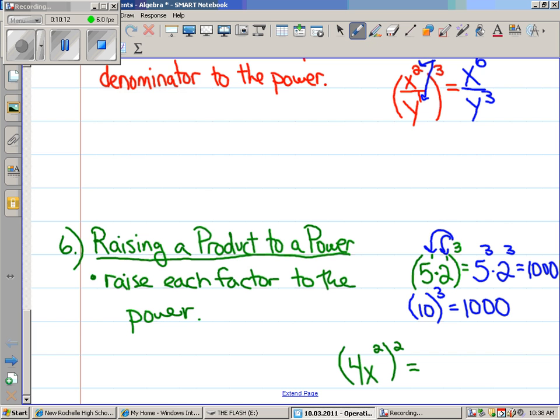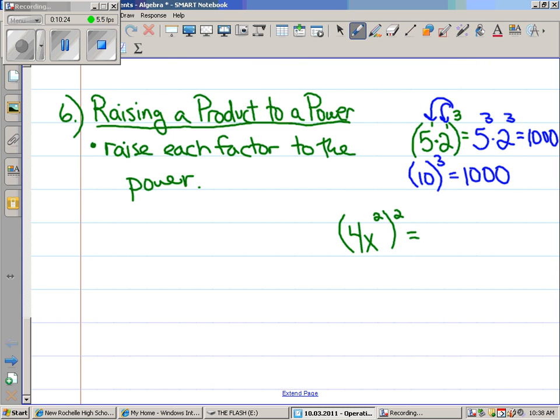Let's think about what that second one could be. 4x squared, squared. Any ideas for what it is? We're going to make it rain. 4 is the same thing as 4 to the first.